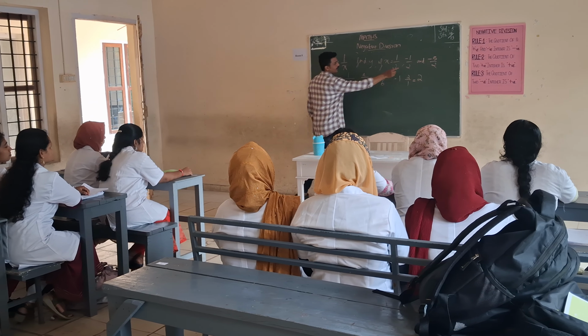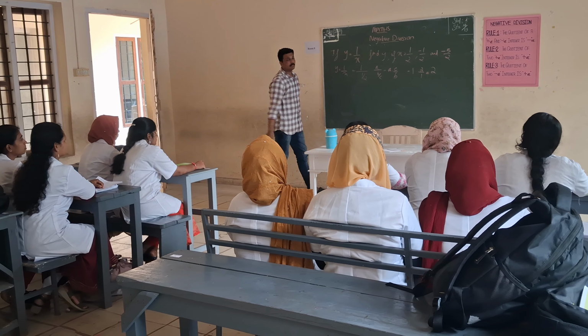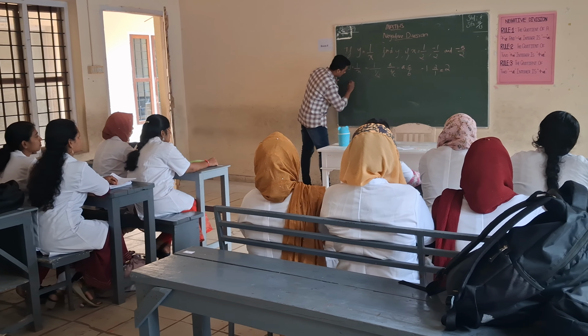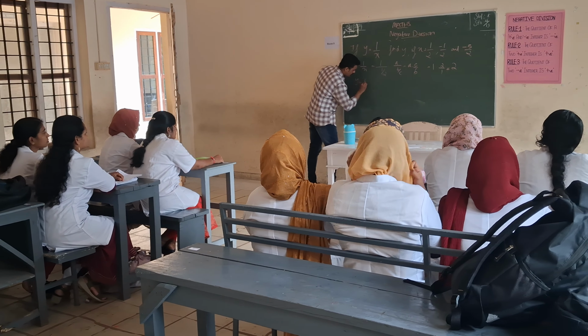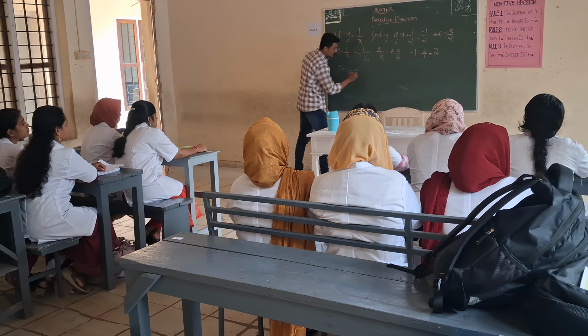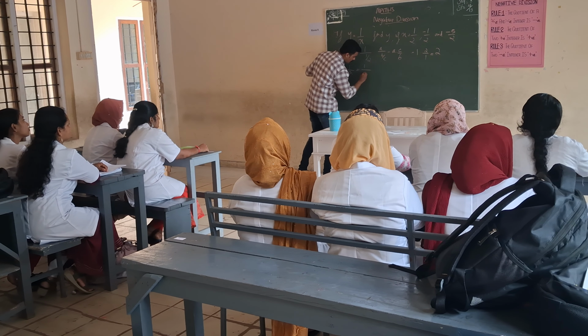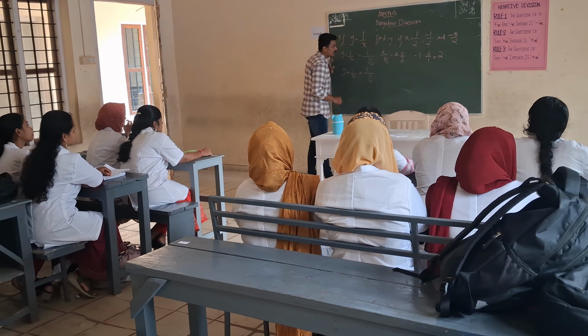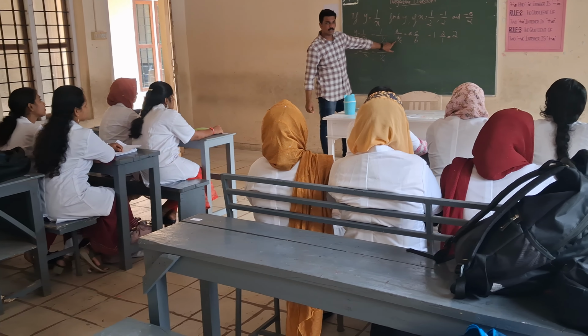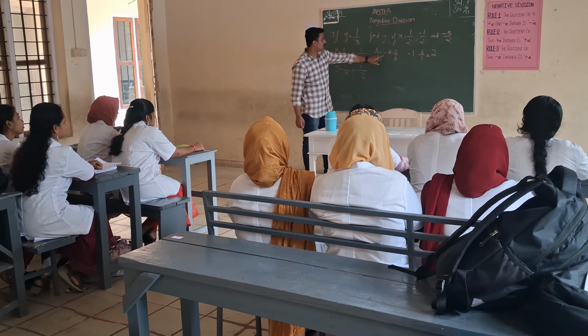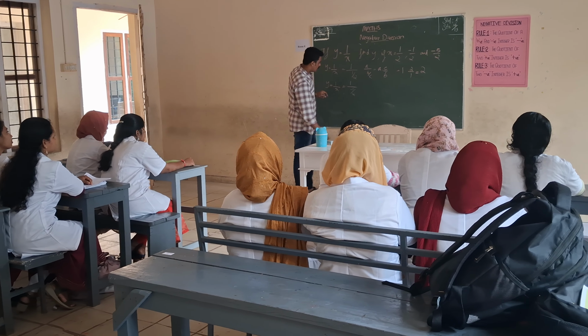Now we substitute the second one, x is equal to minus 1 by 2. We write the question y is equal to 1 by x, and we substitute x is equal to minus 1 by 2. It will become 1 by minus 1 by 2. This is also in the form a by b by c, so we can write a into c by b.